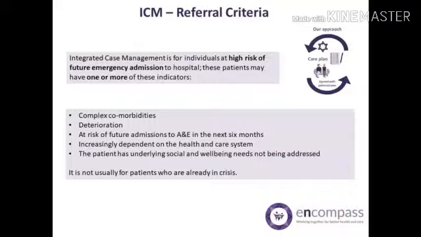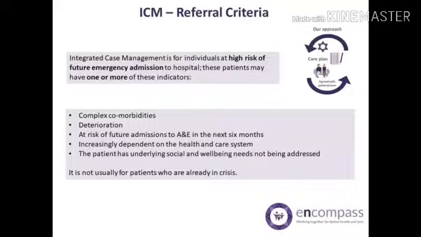So integrated case management was mainly for that top cohort of the triangle and to avoid future emergency admissions to hospital. And we looked at people with complex comorbidities, people that were deteriorating and we could do something with, those at future risk of hospital admission. So we really were looking at anticipating the things that might happen in the next 6 months.